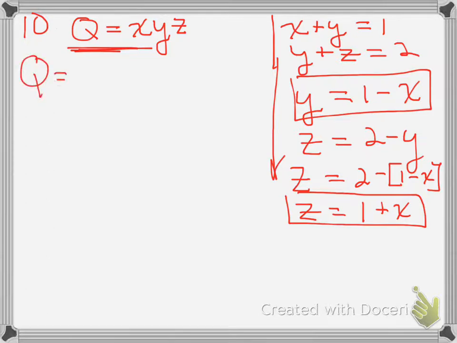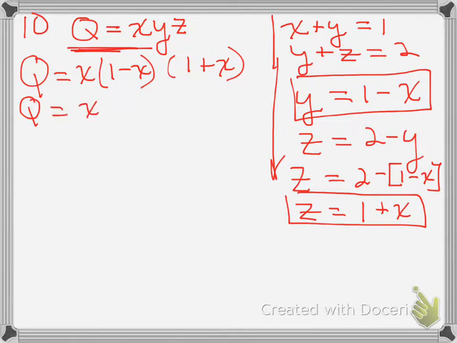So q equals x times, the y was 1 minus x, and the z is 1 plus x. Okay, so q equals x, FOIL your 1 minus x, 1 plus x. You should recognize that as the factored form of the difference of perfect squares.